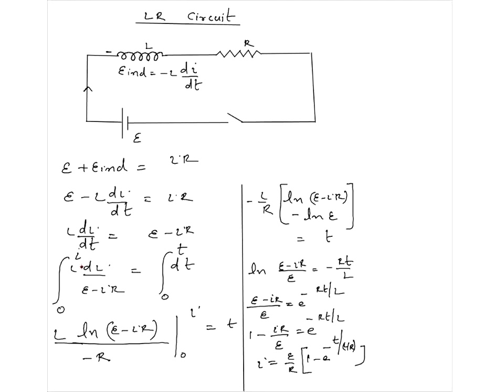And when time is t, let the current be I. Put the limits of integration and simplify. Just see if you are able to get this thing. I equal to E by R into 1 minus e to the power minus t by L by R.